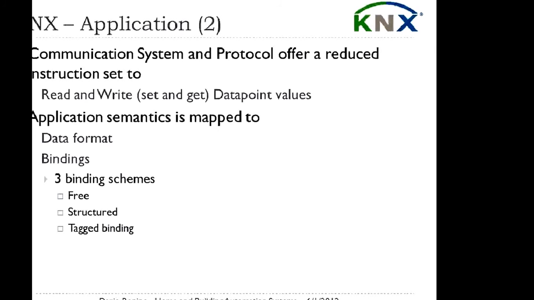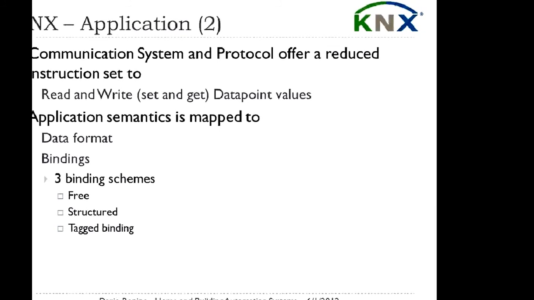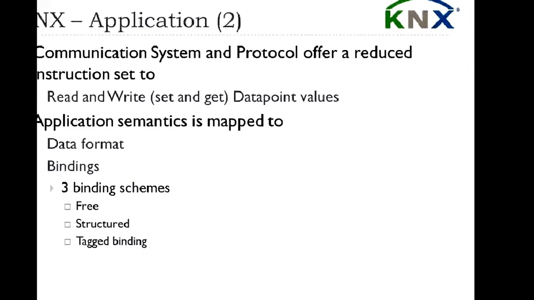Then there is a structured binding, which is similar to the free binding plus some constraints. And then there is a tagged binding, which is designed for working in the E mode. So in the E mode, you are forced to use this last binding, which is too complex. So I skipped it in the slides. Okay.